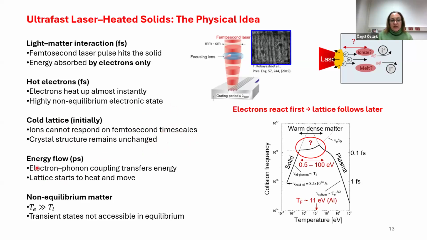But afterwards, energy is flowing, and electron and phonon coupling transfers energy to the lattice in picoseconds. So lattice starts to heat and move. And at the end, you have a non-equilibrium matter, and you can reach a transient state, which is normally not accessible in equilibrium. So first, the electrons react to our ultrafast laser. Afterwards, lattice follows this, and we reach a non-equilibrium state.